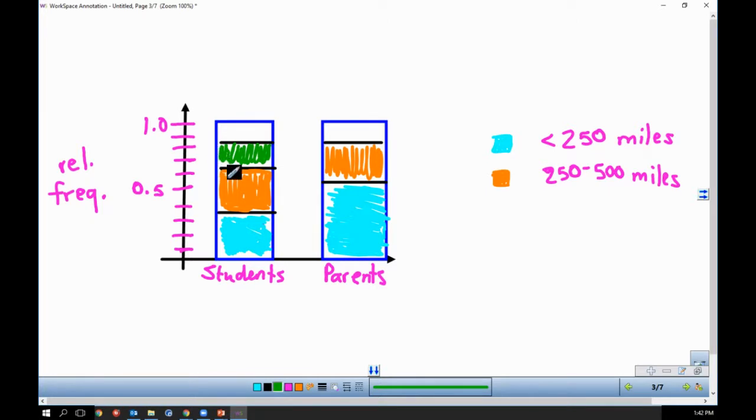Which means for parents, I'll need to do a line at 0.94. Green represents 500 to 1,000.